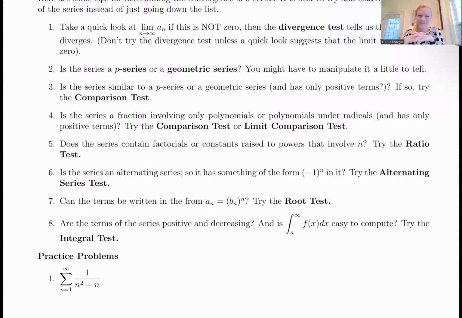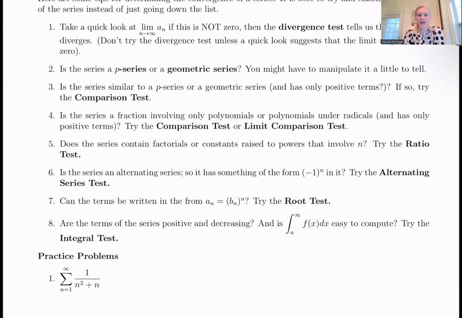Most of the time, we're not going to get easy examples like that anymore. Then again, can we see a series that looks like an easy comparison test? Does it look like it is similar to a p series or similar to a geometric series? Then we can try one of the comparison tests, either direct or limit comparison. You have to remember that for the comparison tests, you can only have positive terms.